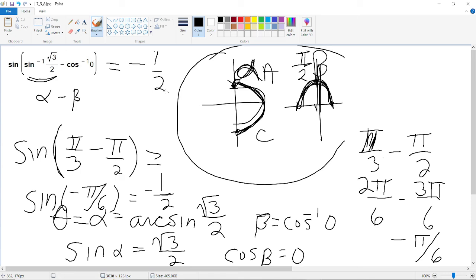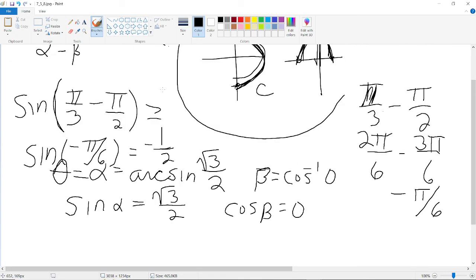That's the answer. And again, you could have worked it with those formulas, sine of alpha minus beta. You could have worked sine alpha cosine beta minus cosine alpha sine beta.